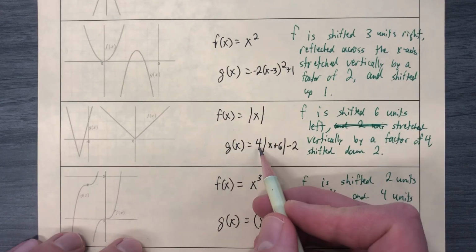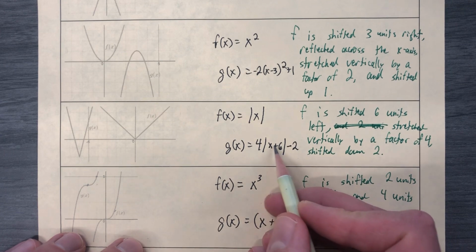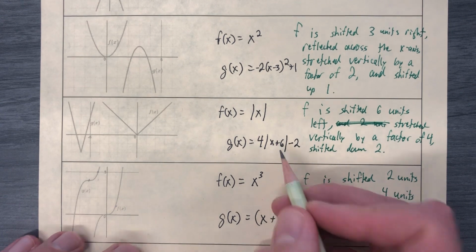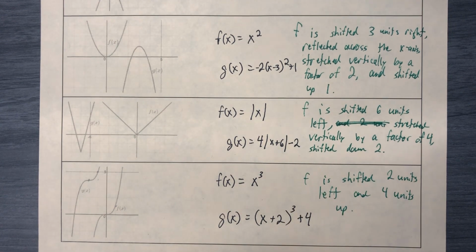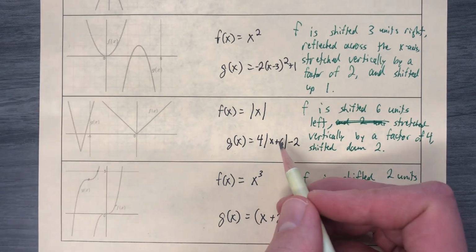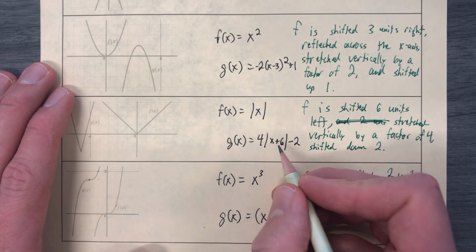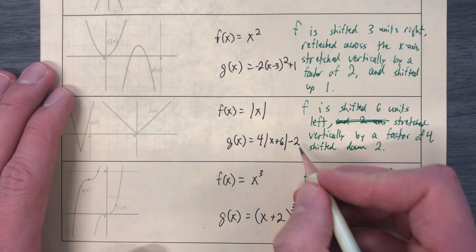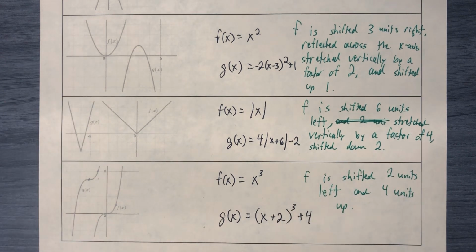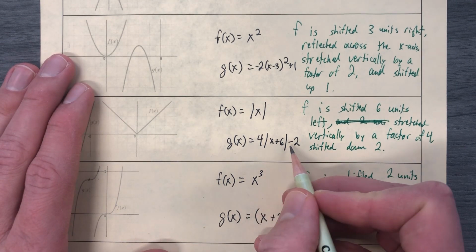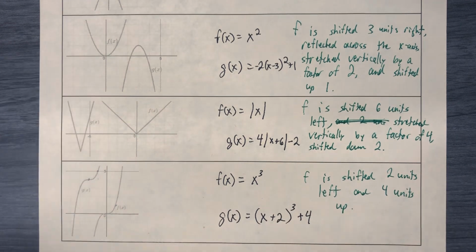This number in the parentheses or in absolute value or in any other kind of grouping symbol, or simply just with the X, wherever the X may be, it might be in the exponent, we're going to make that a horizontal shift, opposite sign. This is a vertical shift, and you're going to keep the sign. All those things are things you knew, but now we've sort of formalized it a little bit because as we move forward, we're going to need to be looking for this structure, and once we know this structure, we'll be able to do a little more with it.